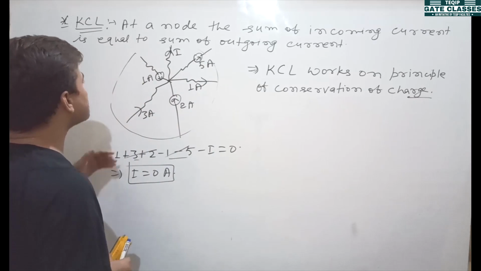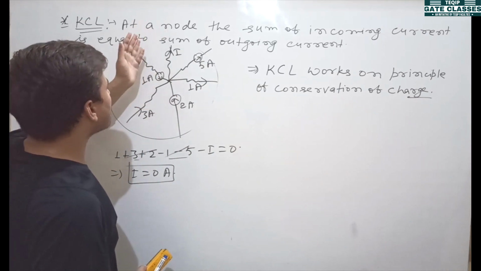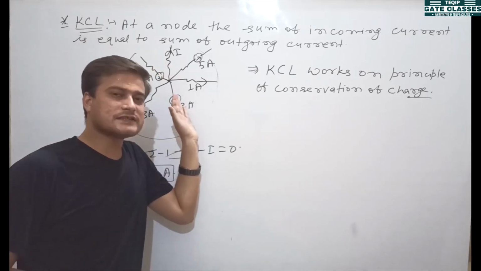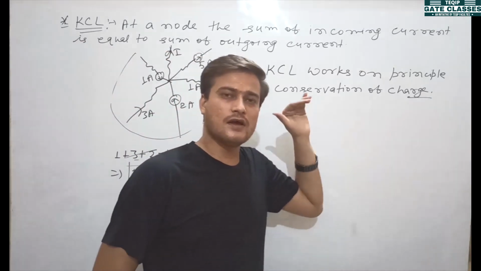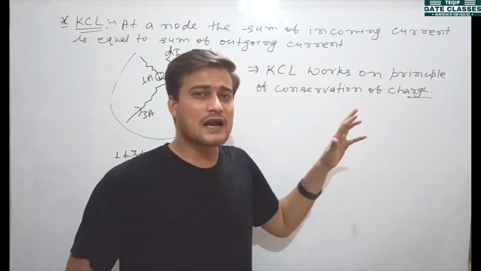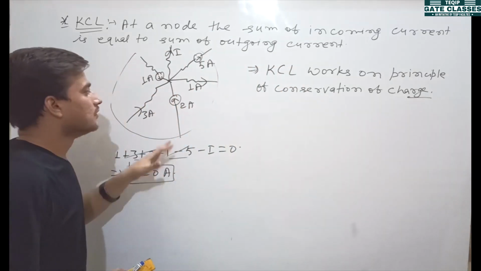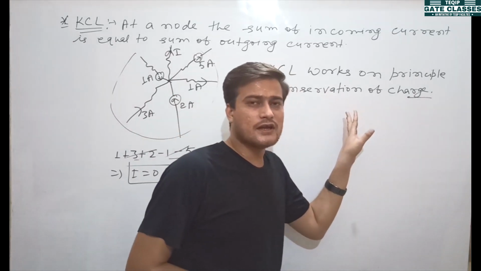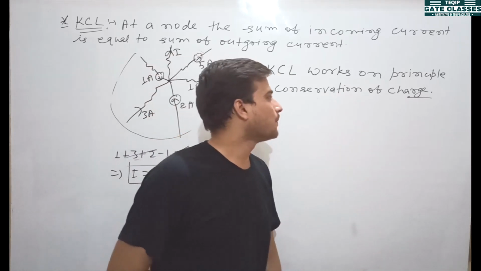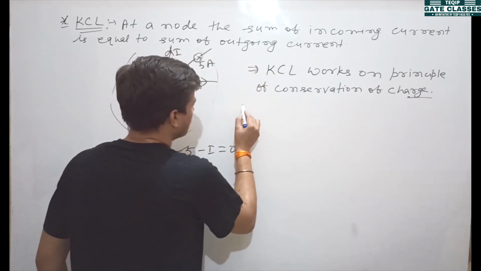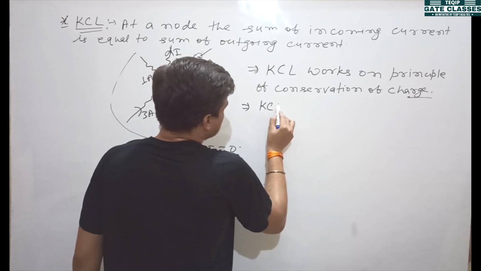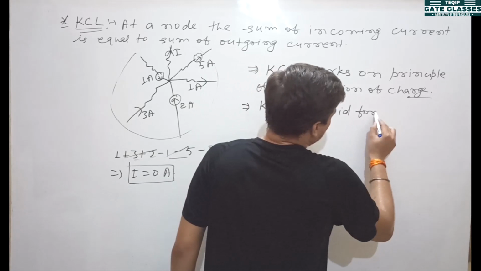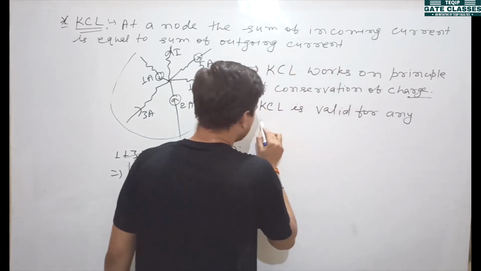So here you see that incoming current is equal to outgoing current, that means the sum of total currents at a node is equal to 0. So it is saying that since current is nothing but rate of flow of charge, the charge at any node is conserved. It is a very important point. It can be asked in any examination. Clear? Second thing, KCL is valid for any kind of network.